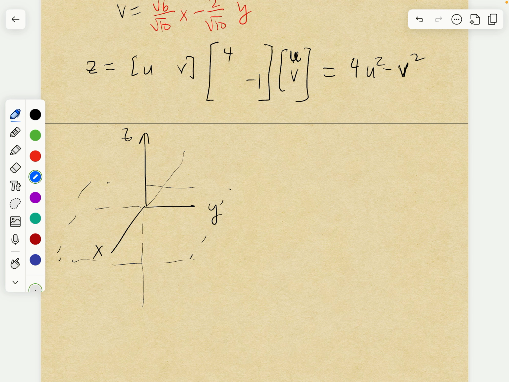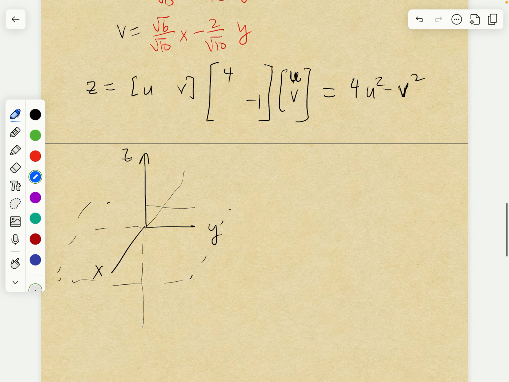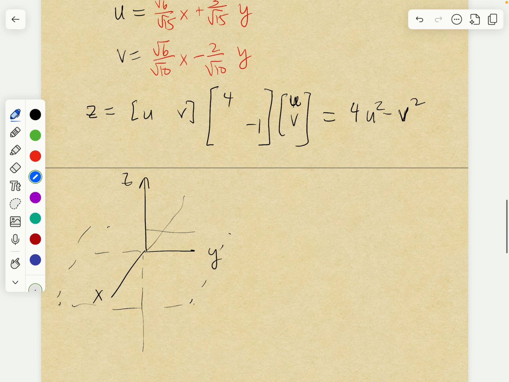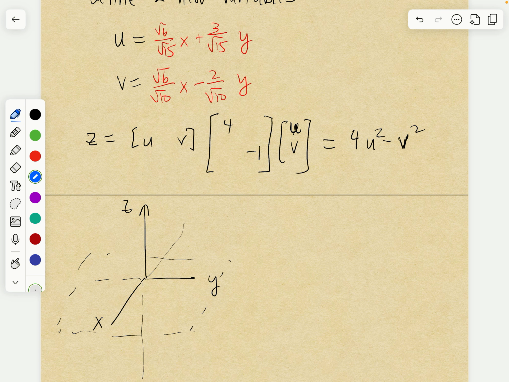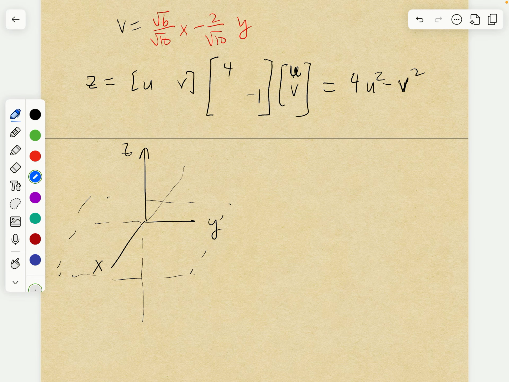We have the u-axis and the v-axis. And the u-axis is going to be, well, u is equal to some combination of x and y. So maybe like this. So here's the u-axis, and then the v-axis is going to be orthogonal to the u-axis.